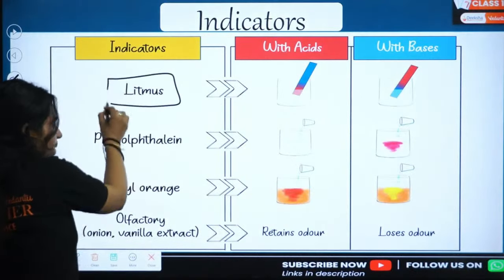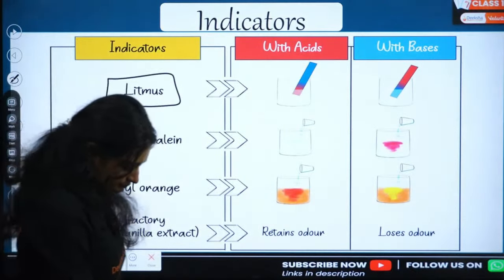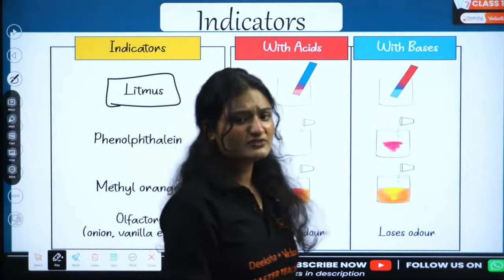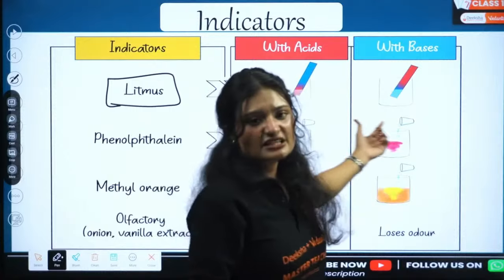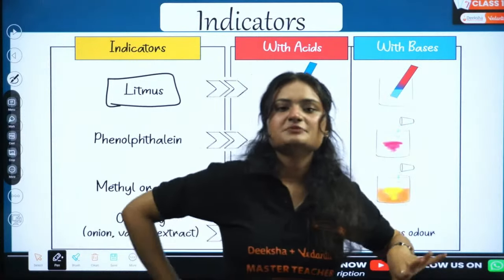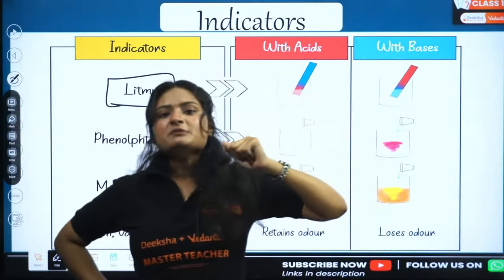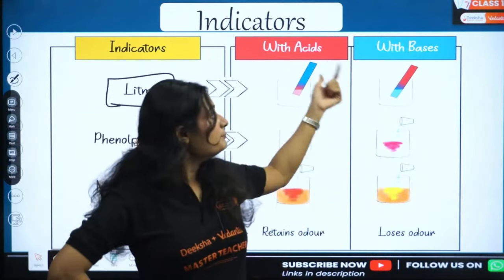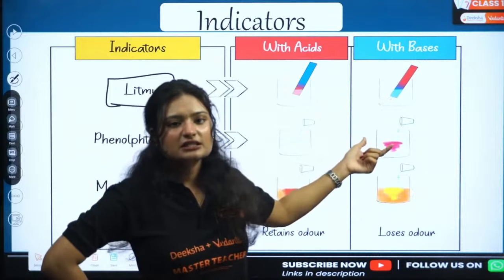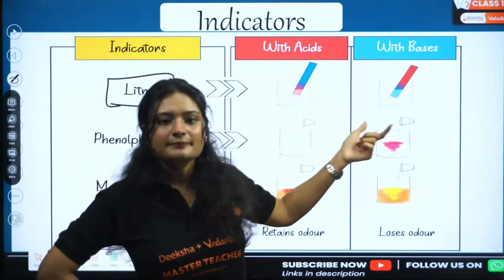So, what indicators do we have in our syllabus? We have litmus paper. What is litmus paper? It is made up of the lichen plant. In acidic solution, blue litmus paper turns red. In basic solution, red litmus paper turns blue.